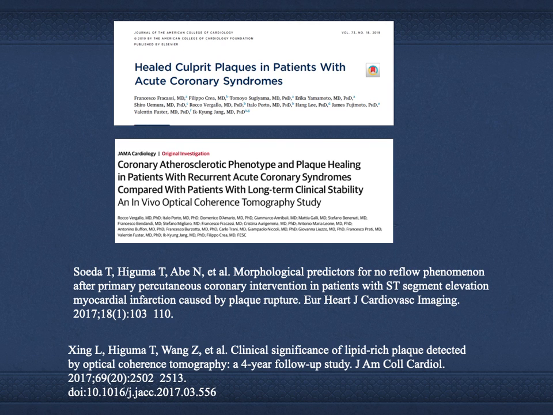But if you look at these 2 papers by some of the same authors in the same calendar year, one seems to say that when you see healing, these patients need to be treated more aggressively, and the other one seems to say that when you see a lot of healing, then the patients don't need to be treated aggressively.